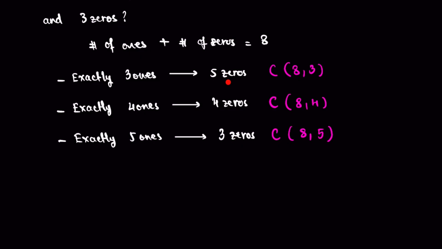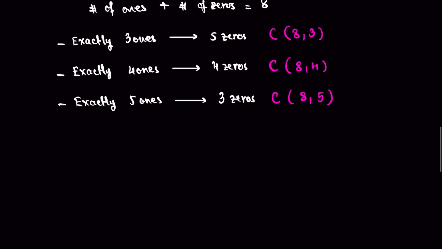In the case of 5 zeros, the remaining positions must be ones, so there are 3 ones. In the case of 4 zeros, the remaining positions must be ones, so there should be 4 ones. And in the case of 3 zeros, the remaining positions must be ones, so there are 5 ones in the last case. So either approach should give you the same number, and they're going to be like this.